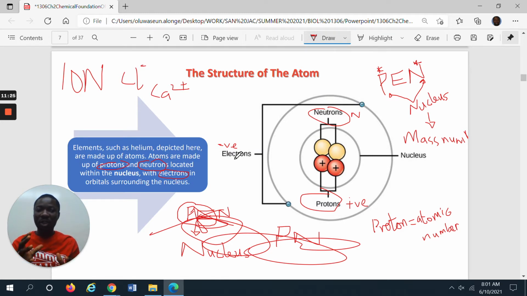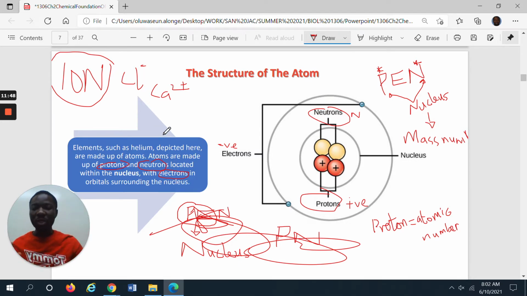But when one is more than the other, or one is less than the other, then it will carry a charge, either a negative charge or a positive charge. The moment it carries either of those charges, it becomes an ion. It will no longer be a neutral atom, right?